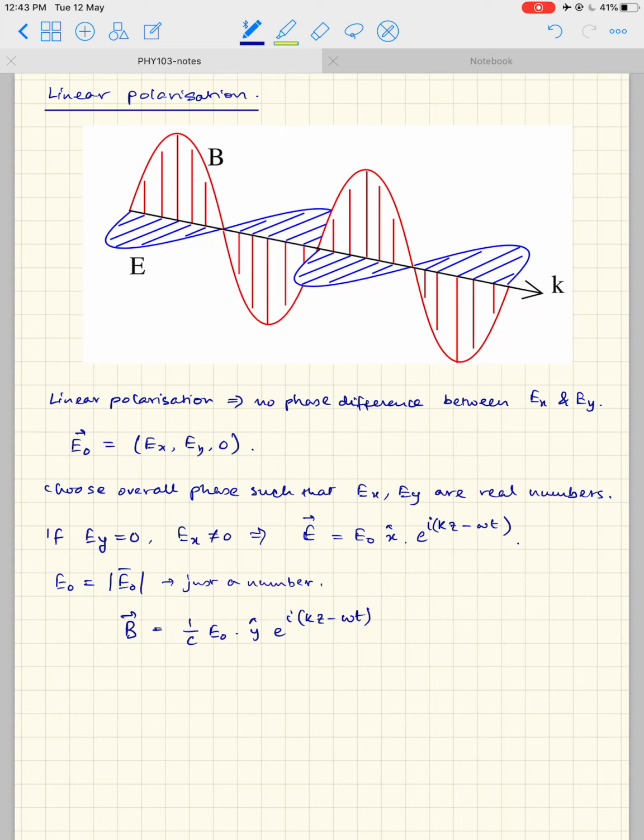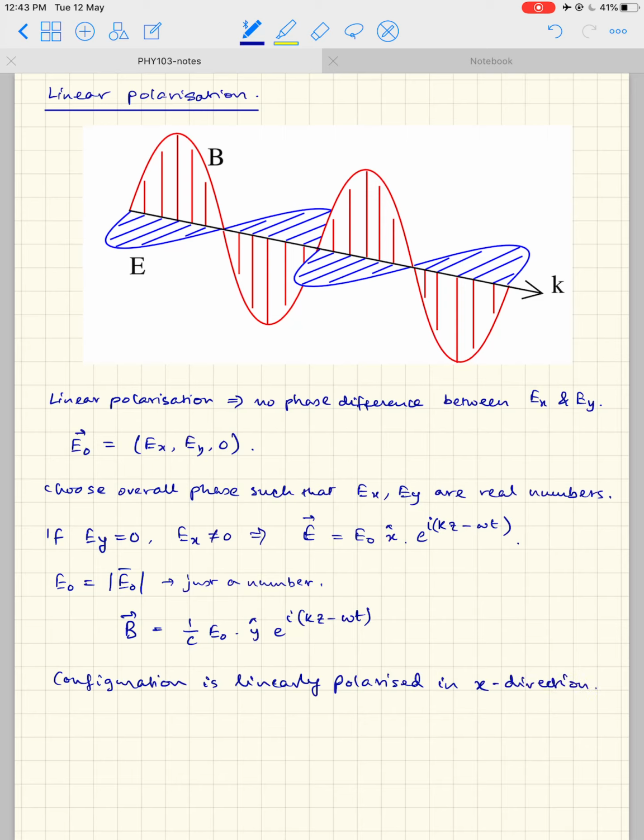This configuration is said to be linearly polarized in the x direction.